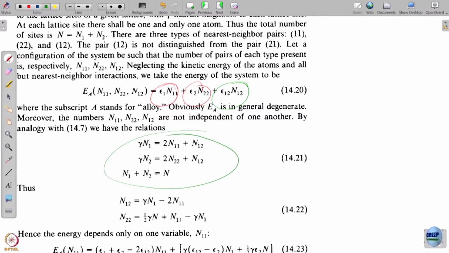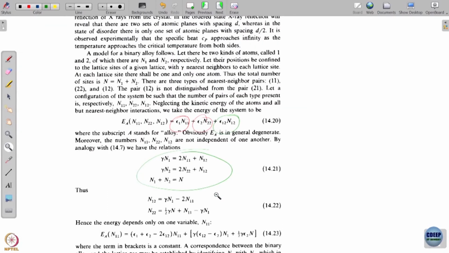Up spin is now copper, down spin is zinc, n12 is the copper-zinc pairs, and copper plus zinc is the total number of lattice sites N. Then I eliminate, and I get my energy or Hamiltonian in terms of n plus and n plus plus. Here n1 is the number of lattice sites occupied by copper, and n11 counts copper nearest neighbors.